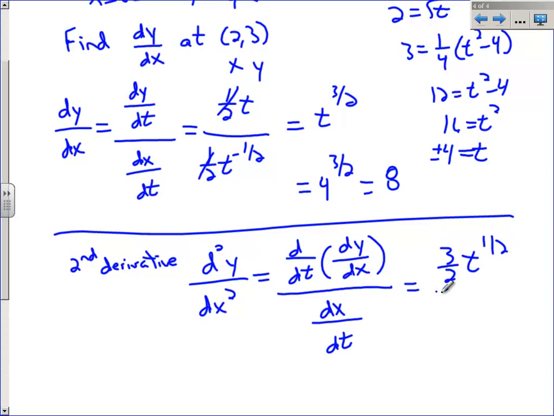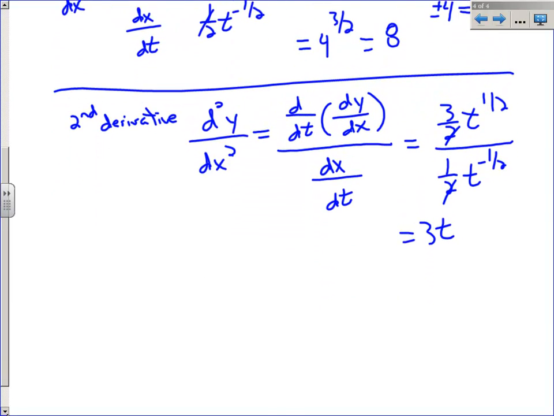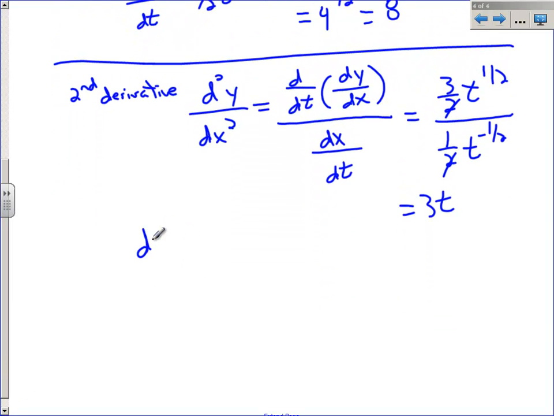And then if we divide that by our dx/dt, which was 1/2 t to the negative 1/2, those 2's are going to cancel, and we get 3t. And so our second derivative evaluated when t equals 4 is going to be 12. So that's like our concavity.